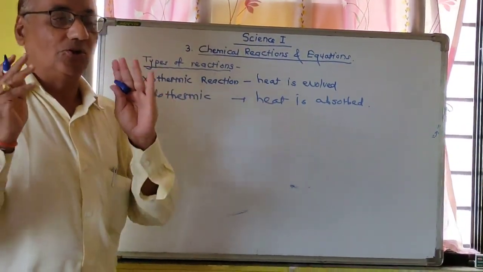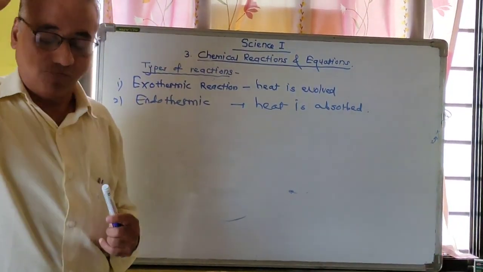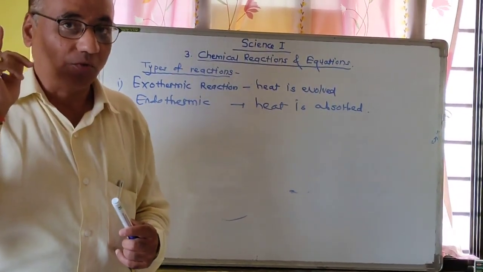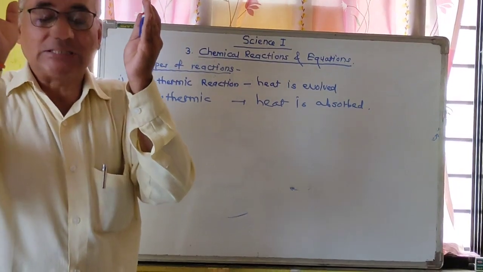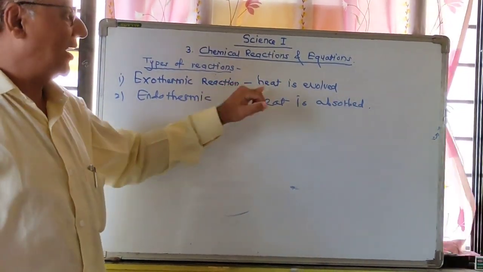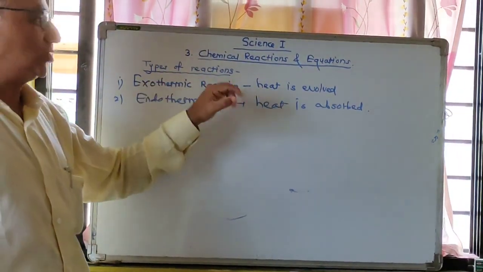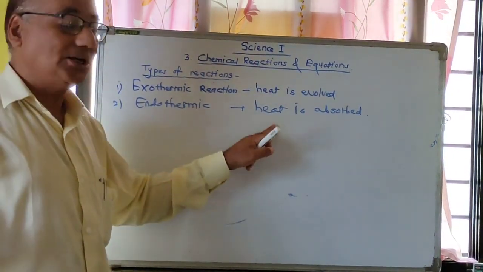We generally observe that when limestone is taken and we pour water onto it, we find that there is vapor and sound. That reaction tells us that heat is evolved, so it is called an exothermic reaction. Now in an endothermic reaction, heat is absorbed.